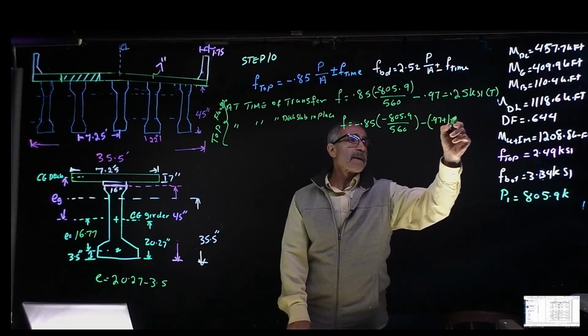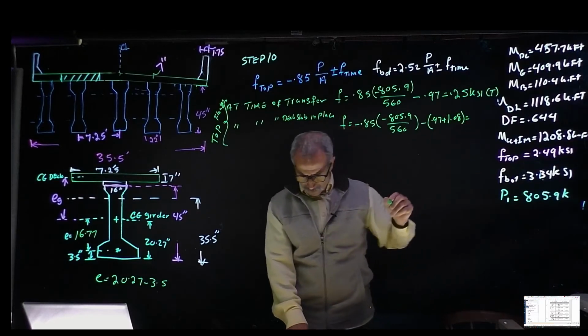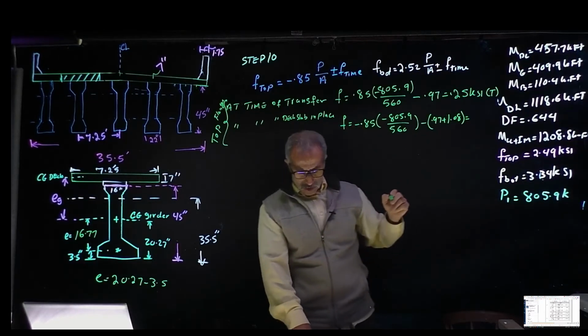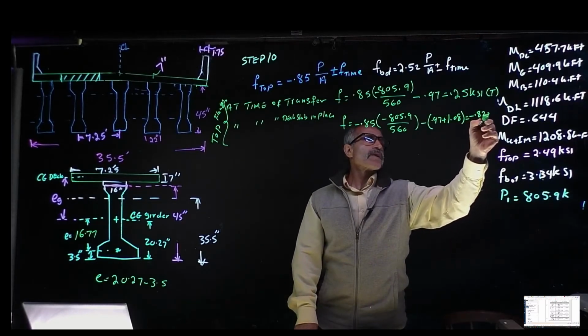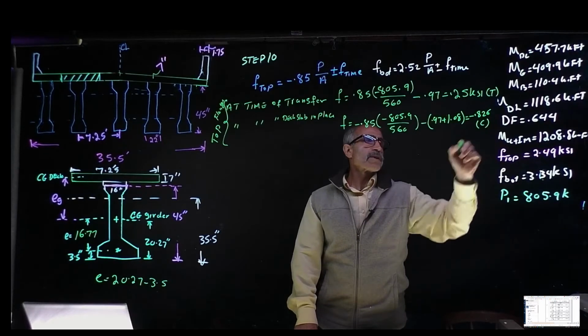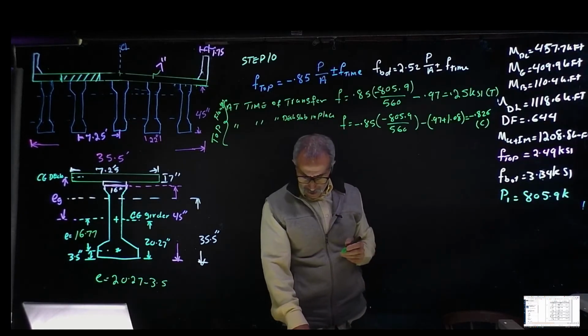Go back to step 8 to see what they are, and that's going to come out to minus 0.826. Minus 0.826, that means in compression. So we say plus is a tension, negative is in a compression.